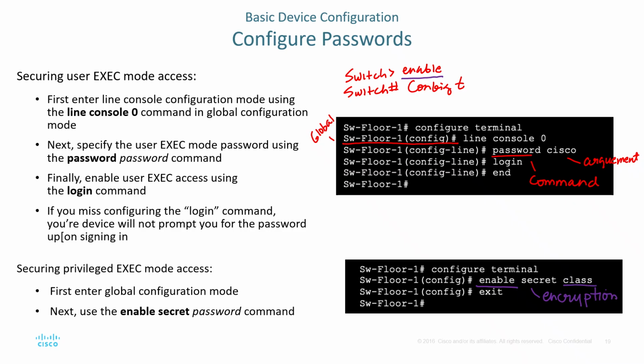Class is your argument. Okay. So now you've seen your first 2, your line console 0 and protecting your enable command, because enable gets you into global.